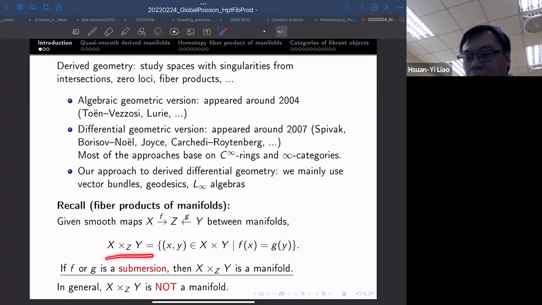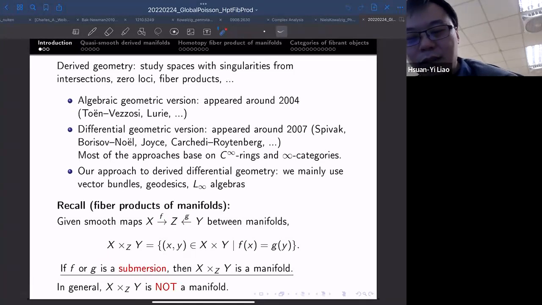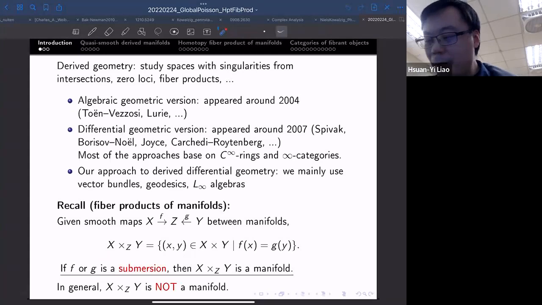It is just a topological space. We know that if one of the maps, F or G, is a submersion, then this fiber product becomes a manifold. This is a theorem in a basic differential geometry course.